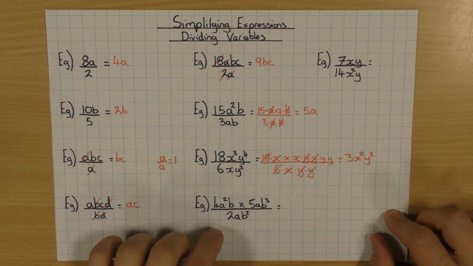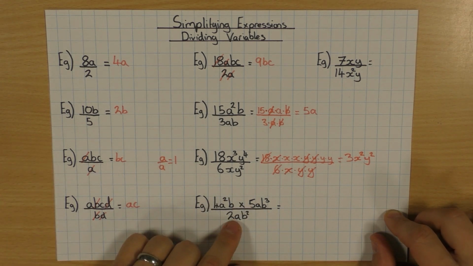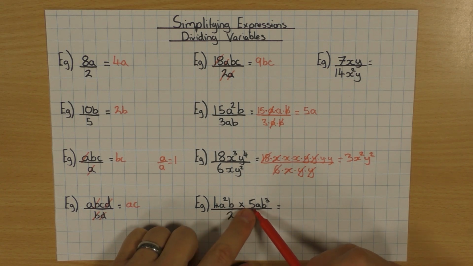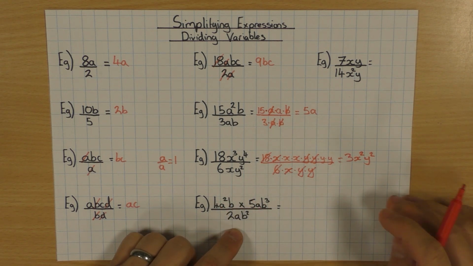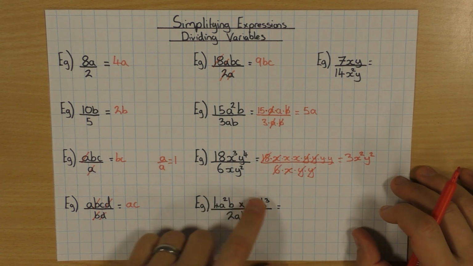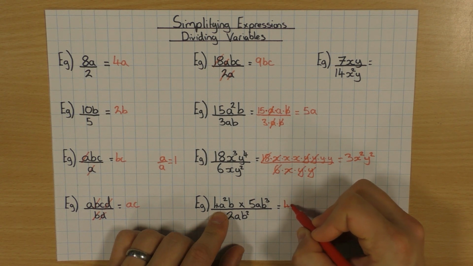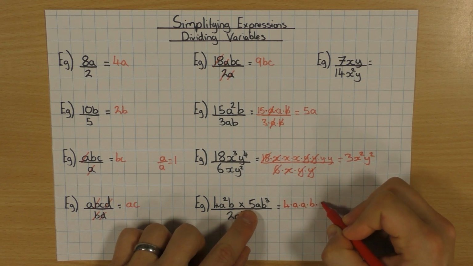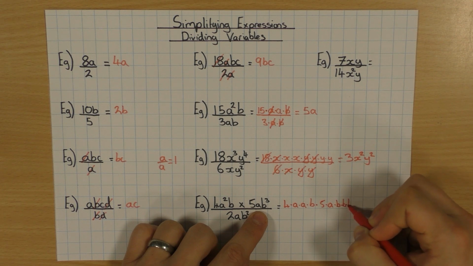And last one here. Sometimes you might have to do a little bit of simplifying on top before you can do the bottom. So this one here, I've got 4a squared b times 5ab cubed. So I'm going to work that out first. Again, if you haven't seen the simplifying expressions but multiplying variables video, this is where this comes from. So 4 times a times a times b times 5 times a times b times b times b.